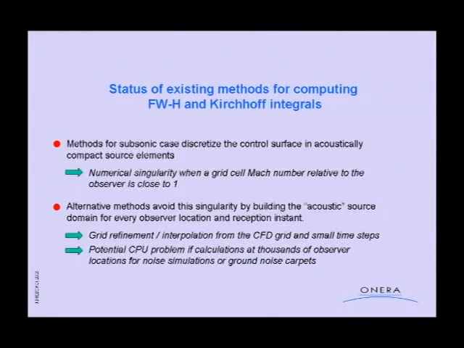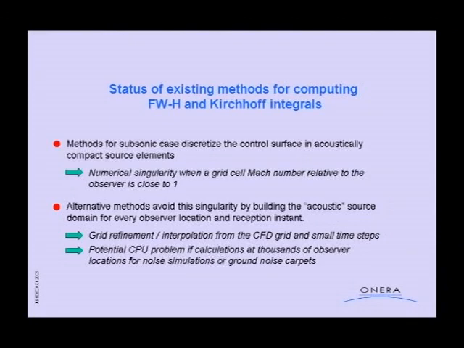And to do this, they need, starting from the CFD grid, to refine the grid and interpolate, and also because of the rapid changes with time of the shape and the topology of this retarded surface, small time steps must be used.